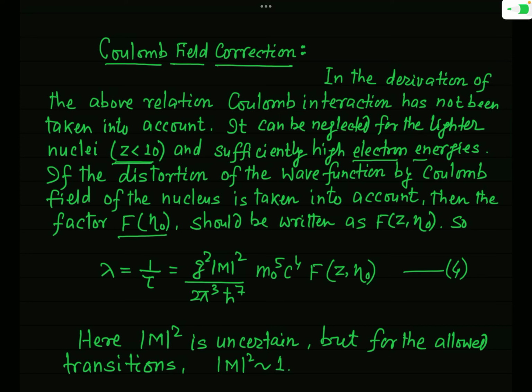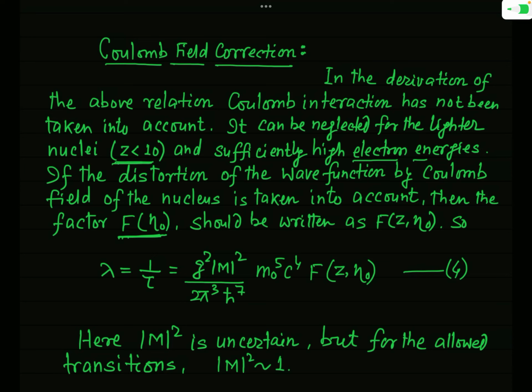And when we consider the Coulombian interaction, this function f, which was f of eta naught when we neglected the Coulombian interaction, will no longer be f of eta naught, because now the atomic number of the nucleus will play a great role. We have seen Coulombian interaction can be neglected, but only when Z is very small.